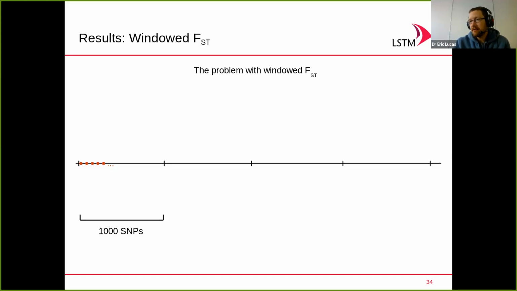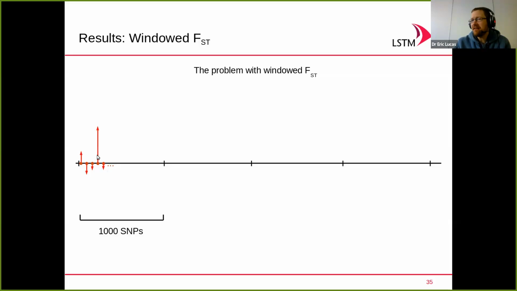So take a genomic window of 1,000 SNPs, and you calculate FST for that window. What that essentially means is calculating FST at every SNP and taking the average.